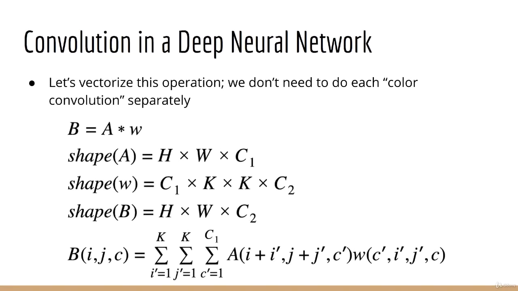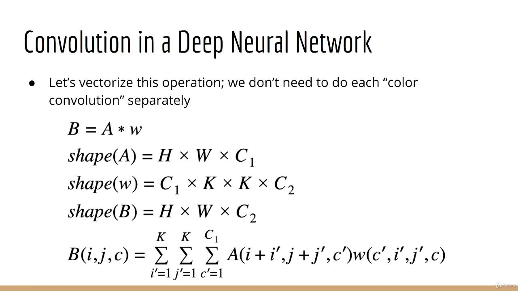So here is the formula that represents how to do a complete convolution in a deep neural network so that both the input and the output can be three-dimensional objects. Now, this is a lot to look at all at once, so let's try to consider each part one step at a time. First, let's consider the shape of everything. We know that A will be h by W by C1.